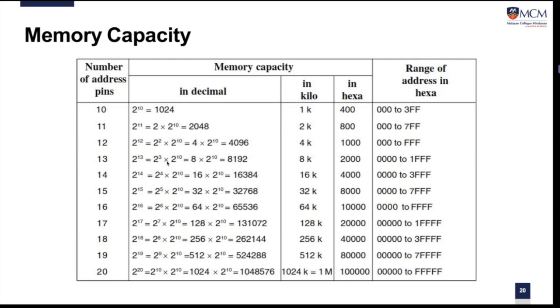Okay, so up until the 20 address pins, which can store up to 1 megabyte, or 1024 kilobytes. And the range of address in hexa is 00000 to FFFFF.